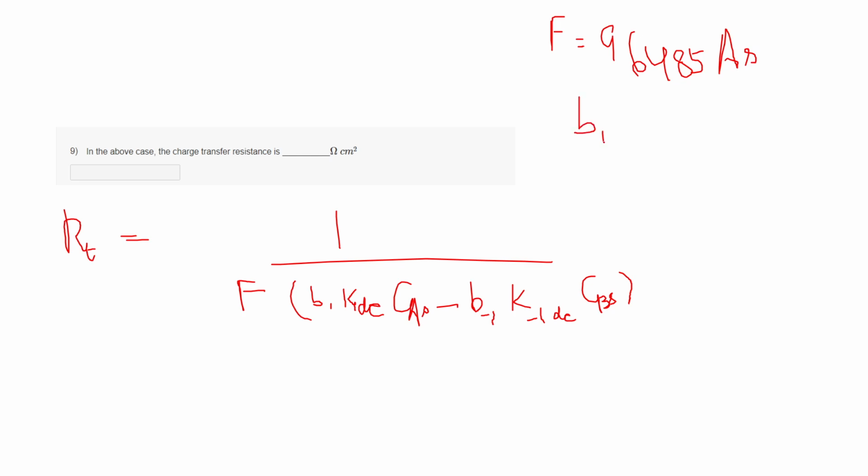B1 is how much? 19 volt inverse. B minus 1 is equal to negative 19 volt inverse.